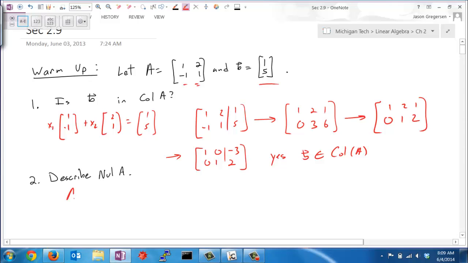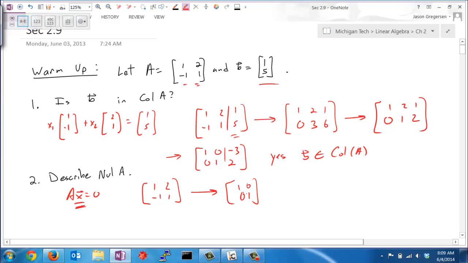All right, so we look at AX equals 0. It's all of the x's that we plug in here to satisfy this equation. Well, we've done a lot of the legwork here. If we didn't augment with this right-hand side, we would have started with just this matrix, and that would have row reduced to this matrix.